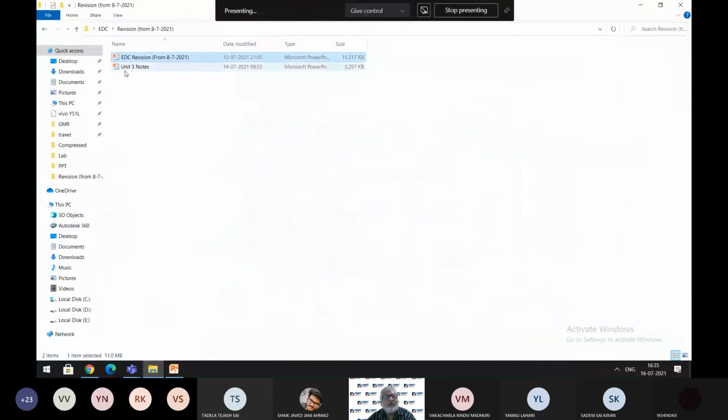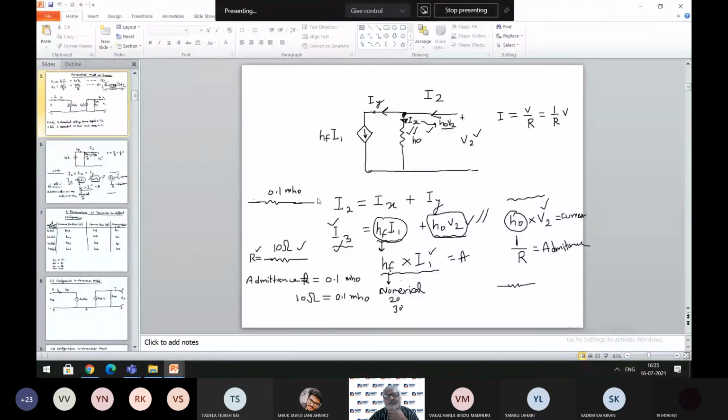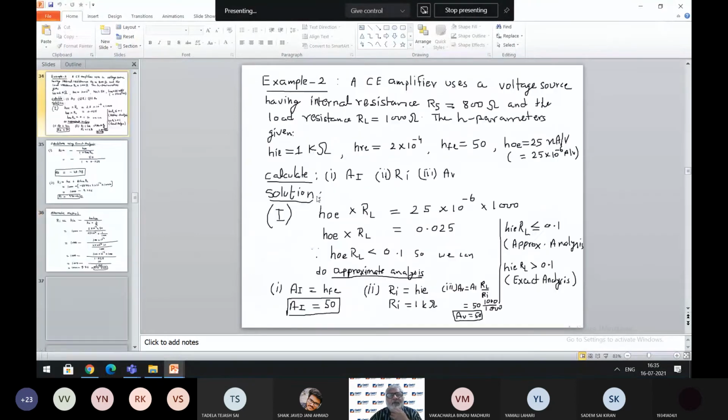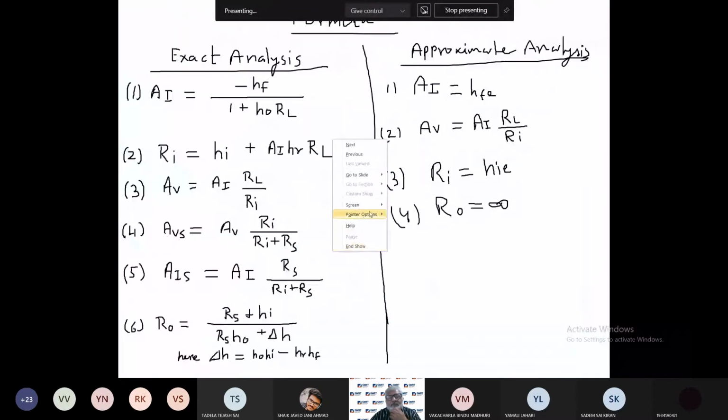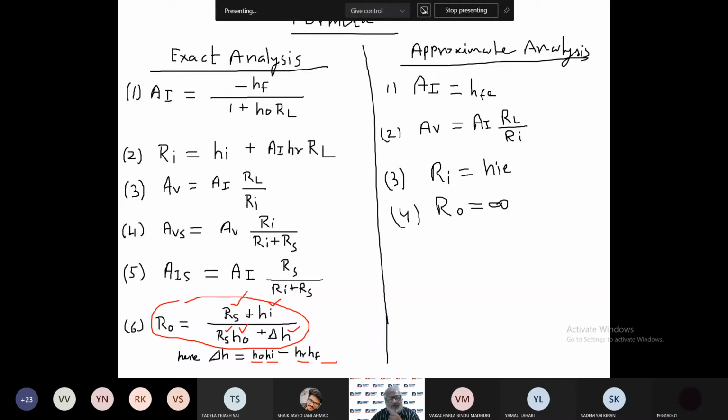You can see here the h parameter Ro. See this Ro. Ro is Rs, the resistance of the source, voltage source, plus hi divided by Rs ho plus delta h, where delta h is ho hi minus hr hf.